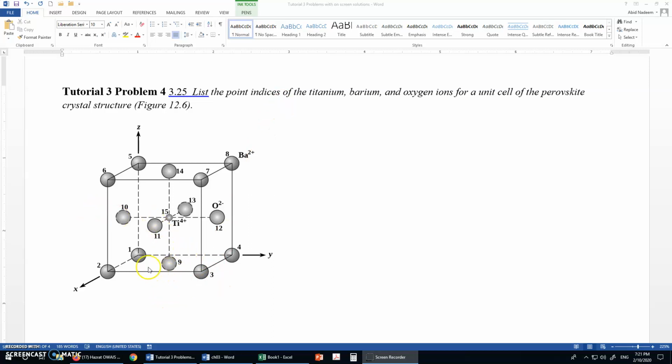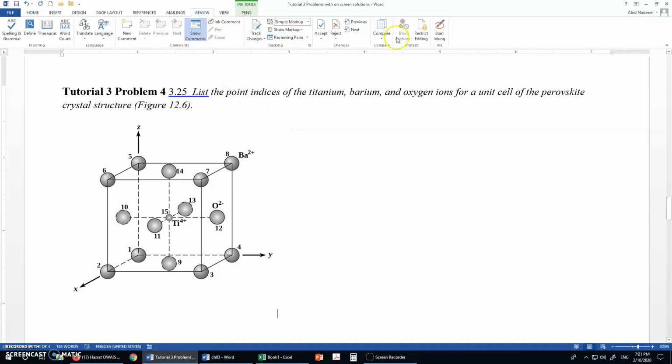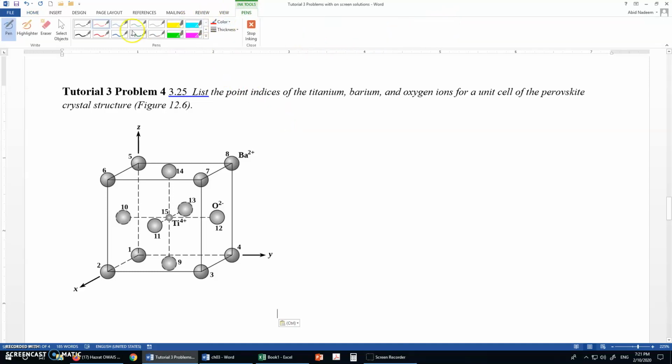So considering this X, Y and Z coordinate system, the point indices for different atoms can be written as, for example atom 1, because this is on the origin, the point indices will be 0 0 0.